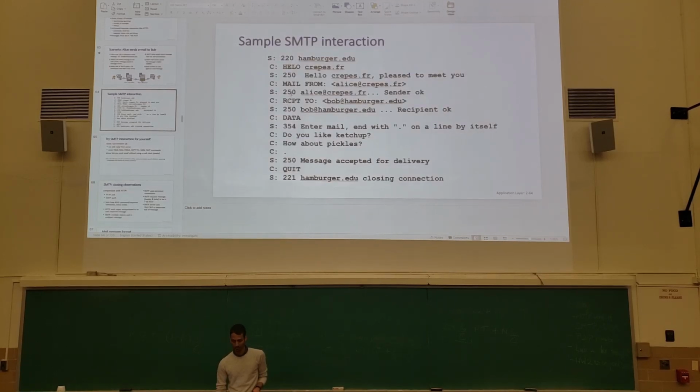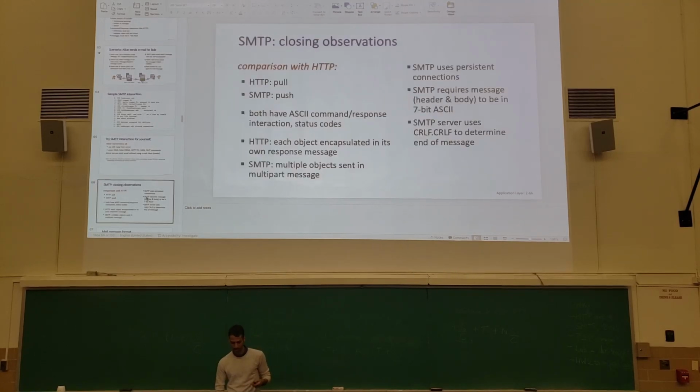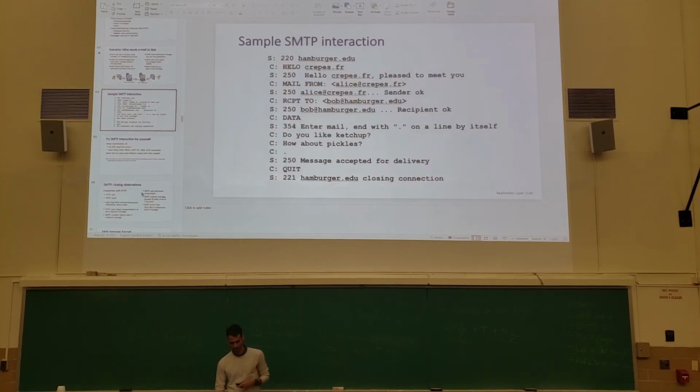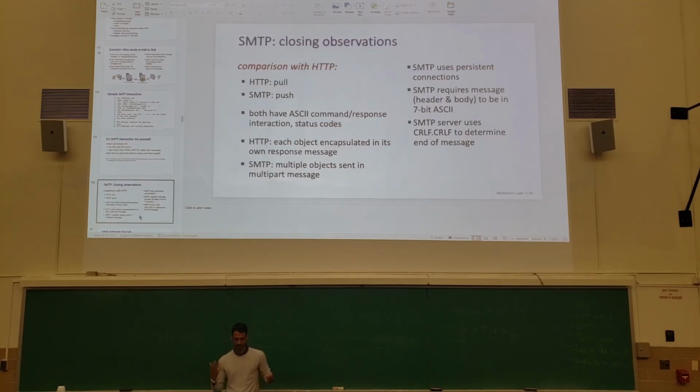The mail from and rcpt to supply the information that gets put in the header of the email message as from and to information, right? So those headers are different from these commands, though they're connected semantically. And then a dot on a new line is basically the end of message terminator in SMTP.